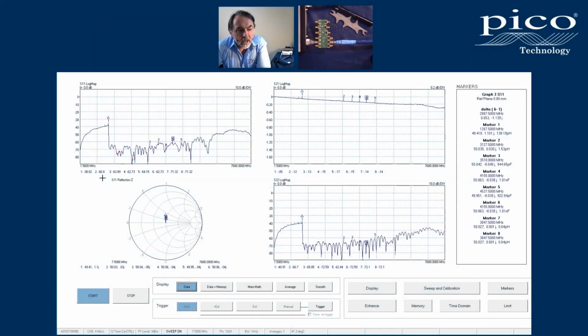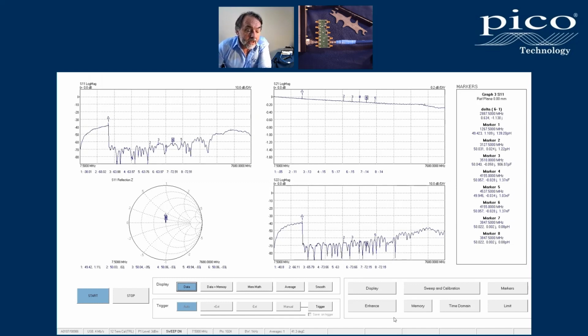Can we do anything about this discontinuity? Well, let's see. There we have our measurement of line referenced by the two standards, the TRM and the TRL. Can we do something about this discontinuity should we wish to do so? Well, yes we can.